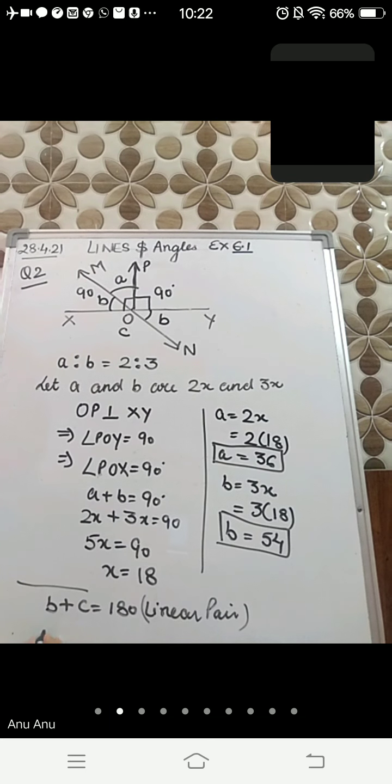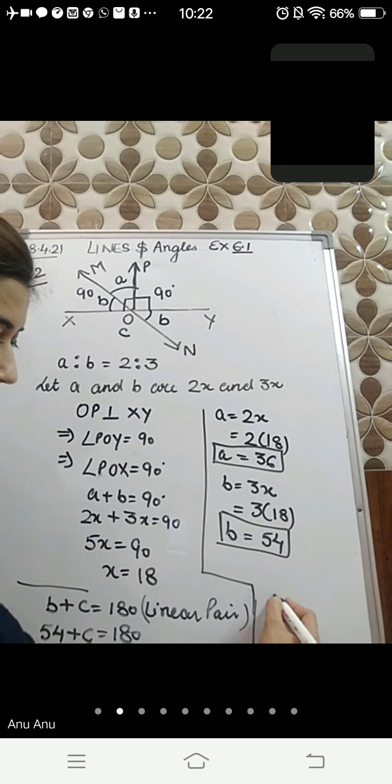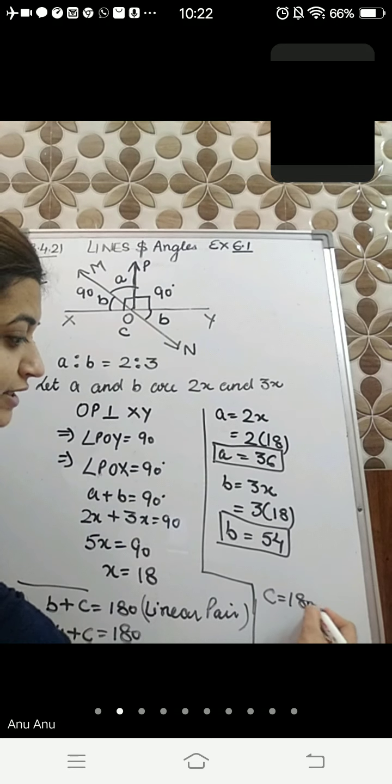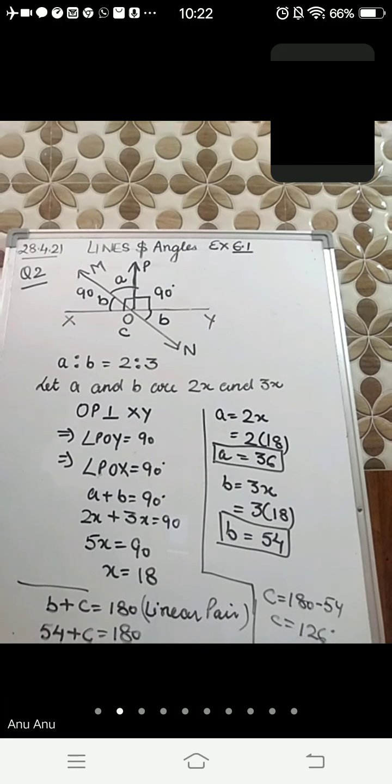Angle B is your 54. Angle C we have to find. So after subtraction, C is equal to 180 minus 54, that is 126. So C we have got as 126 degrees.